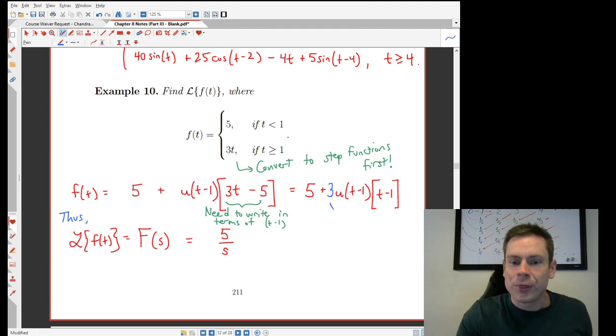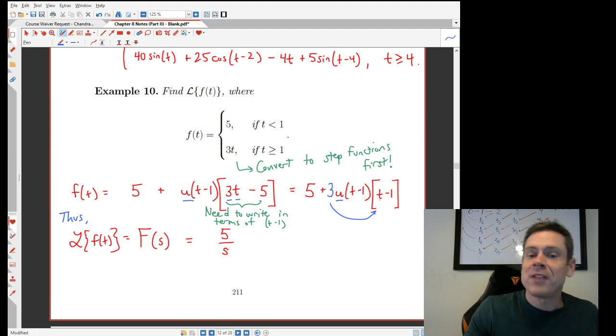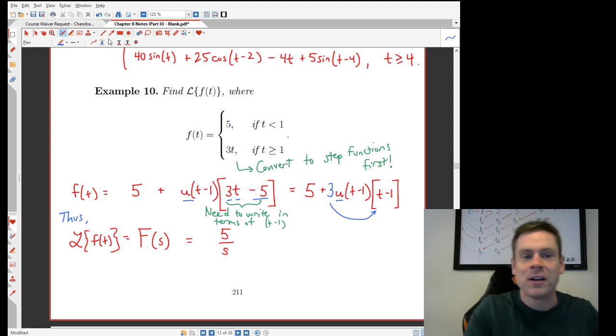So now I have 3 times t times the u, just like here I have 3 times t times the u. But at the same time, when I have the t minus 1 here, now I have minus 1 times 3 times the u, which is minus 3 times the u. I started with minus 5 times the u. So I have to add in a remainder term, or actually subtract off an additional 2u to make up that difference.